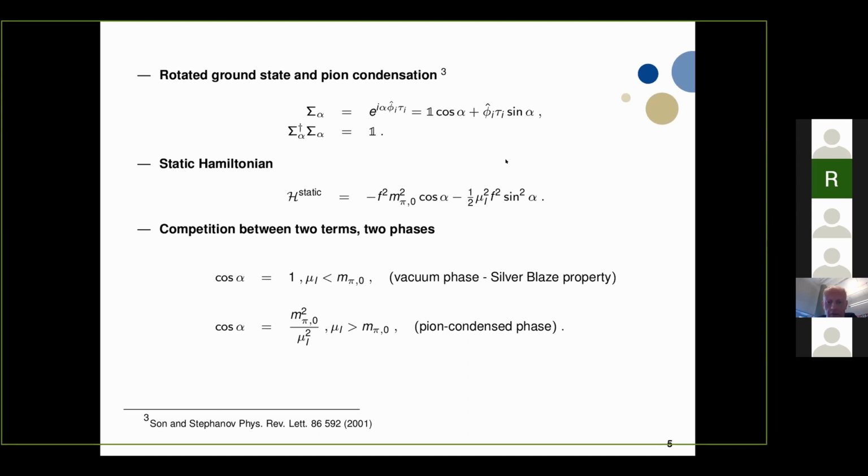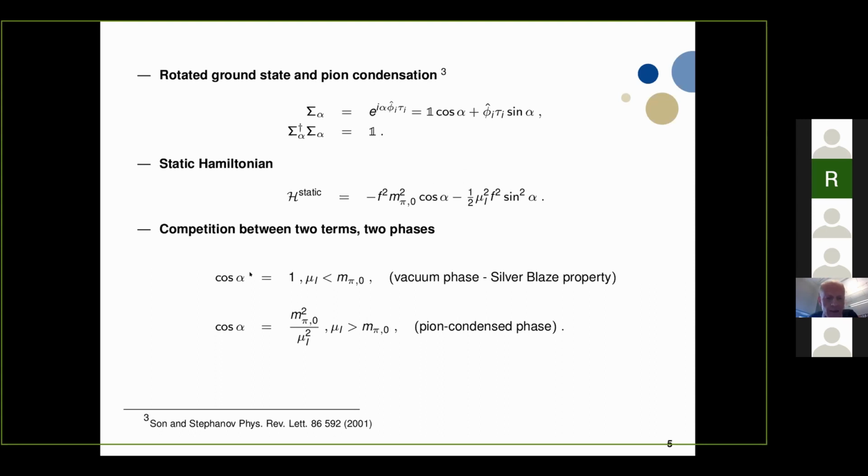On the other hand, you have the term involving the chemical potential mu I. That's a term that prefers alpha equals pi divided by 2. And then the two terms compete for a given value of mu I, and the system is going to find its ground state at some value of alpha.